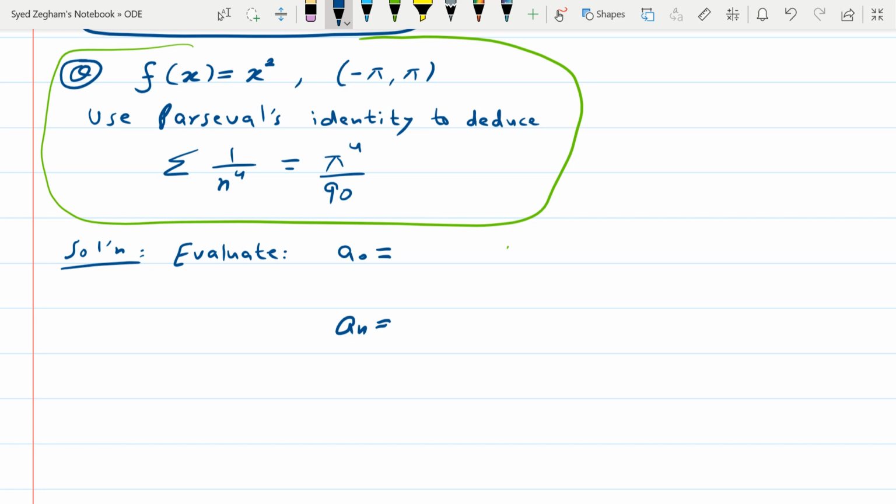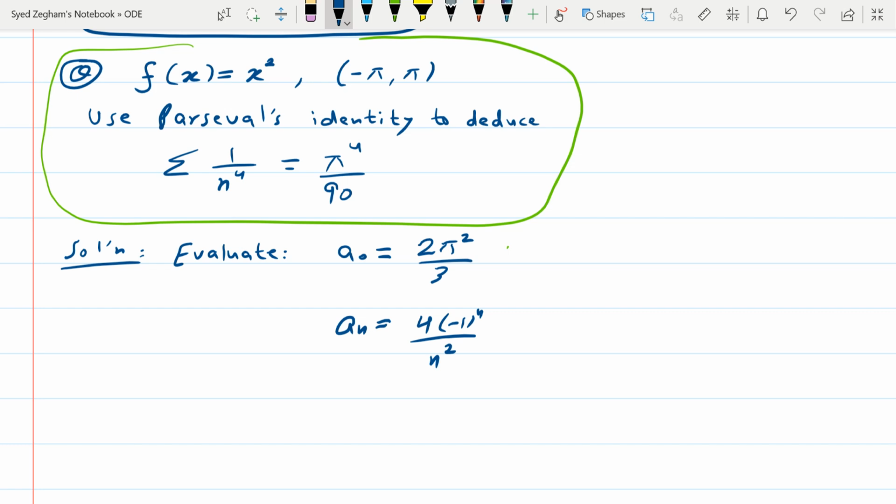So for this function a naught, we obtained in the previous video, that was 2 pi square by 3, and an we obtained as 4 times minus 1 to the power n over n power 2, right?